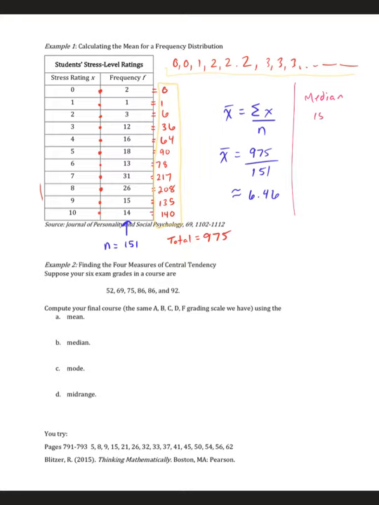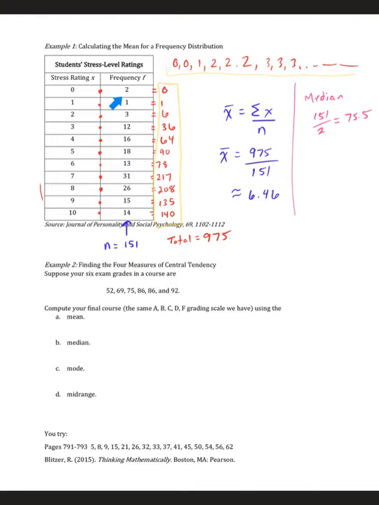If we take this 151 and divide it by 2, we get this 75.5. So that tells us approximately the 75th data item is going to be the middle value here. Again, we're not going to line all these up like we did here and count them out and try to find the middle. But what we can do is look at the frequencies and figure out where the 75th data item falls.